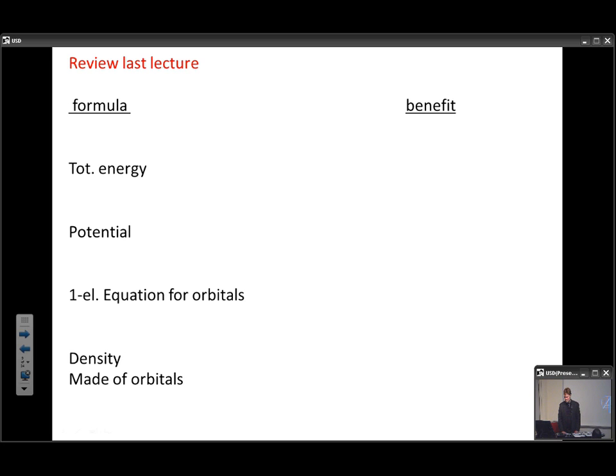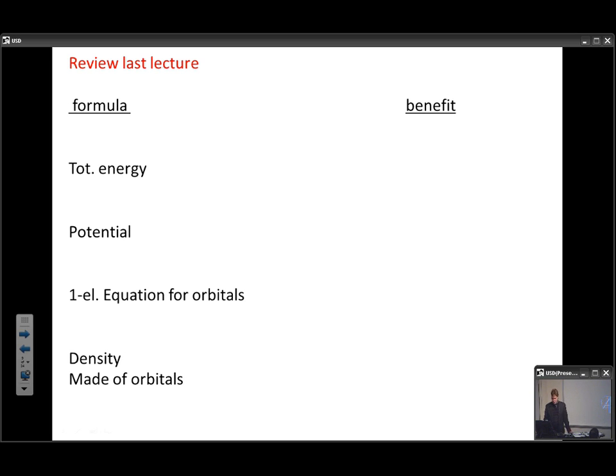Okay. So we do have about 3, 4, 5 very simple equations that we can take as a take-home message from our last meeting.